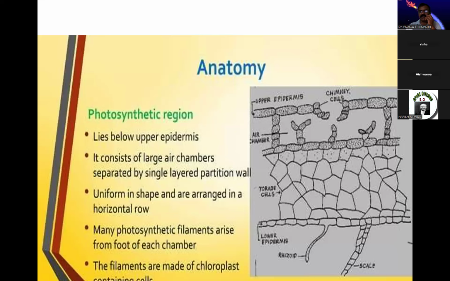The partition you're seeing just beside the air chamber, that line you're seeing, a wall-like structure, is a partition. Just like that, the other side also you're seeing the partition. So air chambers are surrounded by this partition. Inside this air chamber, you'll see the photosynthetic filaments. And these photosynthetic filaments have chlorophyll and help in photosynthesis. That's why this upper region is called the photosynthetic region.